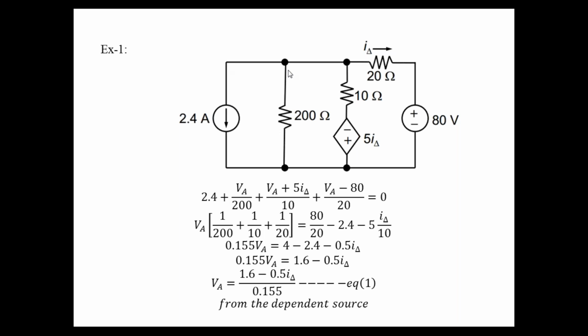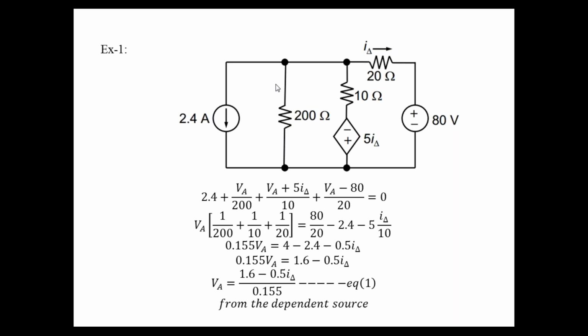The number of KCL equations is equal to the number of nodes minus 1. Here the number of nodes is 2, and 2 minus 1 is equal to 1. Again, we will have a single nodal equation only. So try writing the KCL equation for this node A.